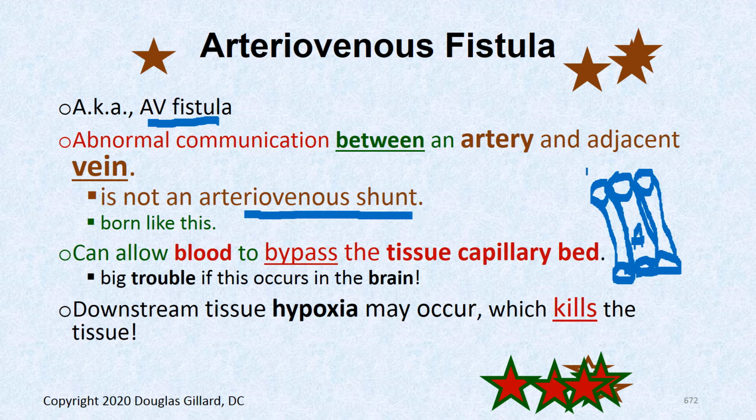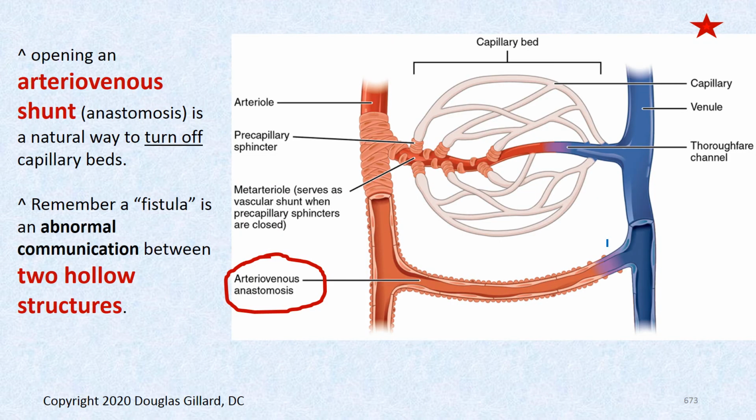But the problem is if we get a shunt between an artery and a vein where it's not supposed to be, it can siphon off all the good oxygen and nutrient-rich blood and shunt it into the return system, into the venous system. Therefore, downstream capillaries get cheated out of nutrients, oxygen, things like that, and it can cause ischemia and kill the tissue. So that's not a good thing.